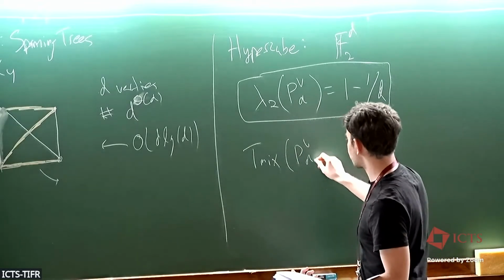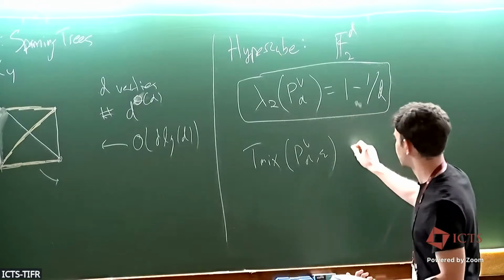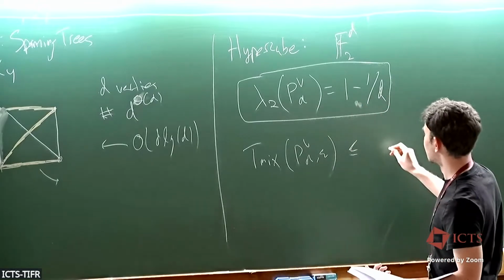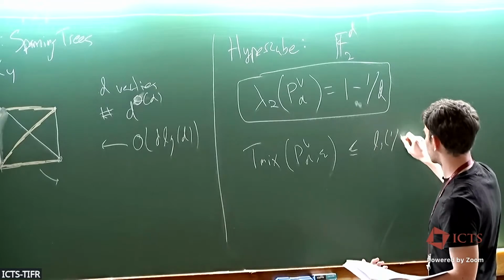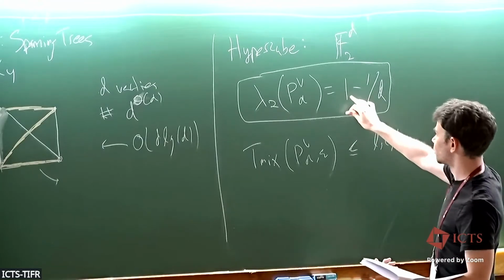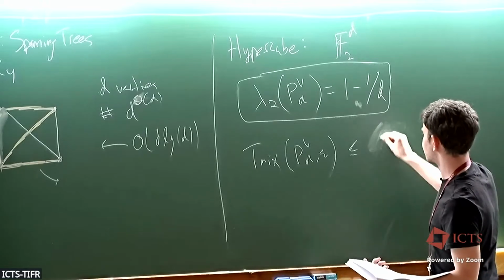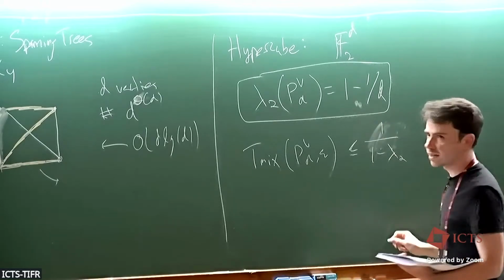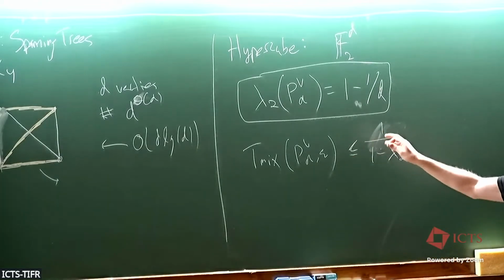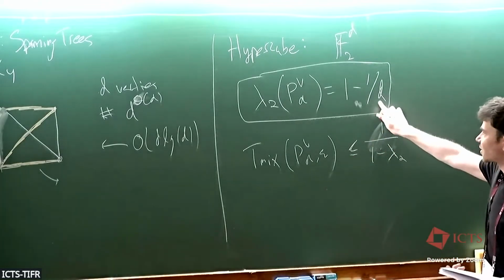We saw that this implies a mixing time bound of, I think Madhur actually wrote log of 1 over lambda 2, but when lambda 2 is close to 1, this is roughly the same as 1 over 1 minus lambda 2, which is the relaxation time or inverse spectral gap, which in our case is just d.